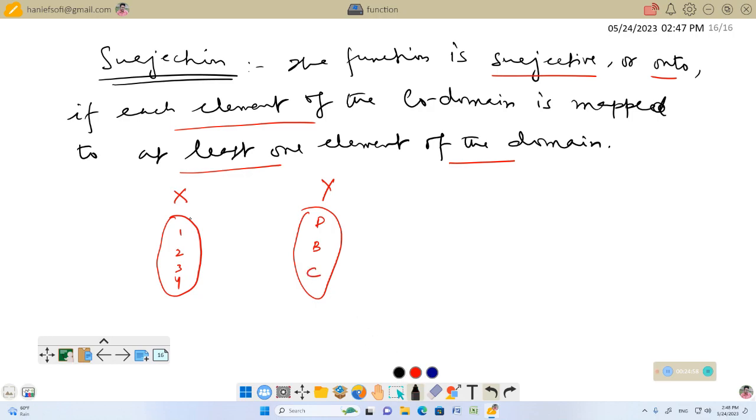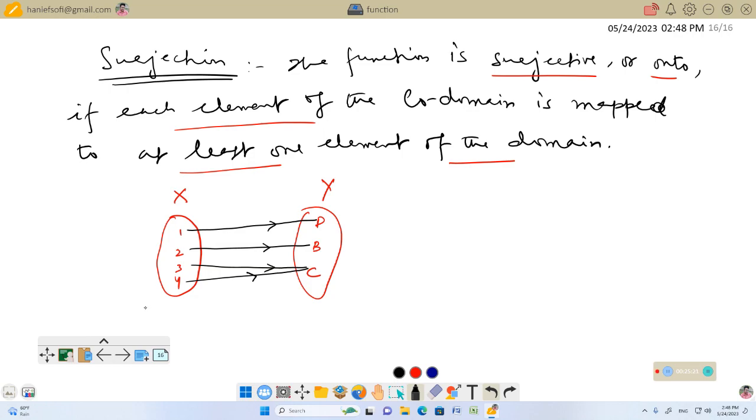Now, 1 is connected to D, 2 is connected to B, 3 is connected to C, and 4 is connected to C, right?